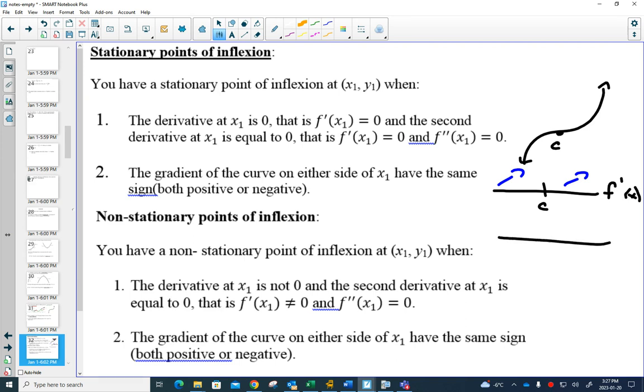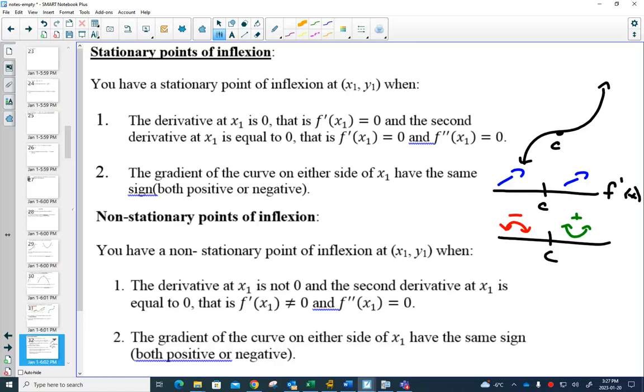Or if at that point C, you have concave down, concave up, yeah. Then point C is an inflection point.